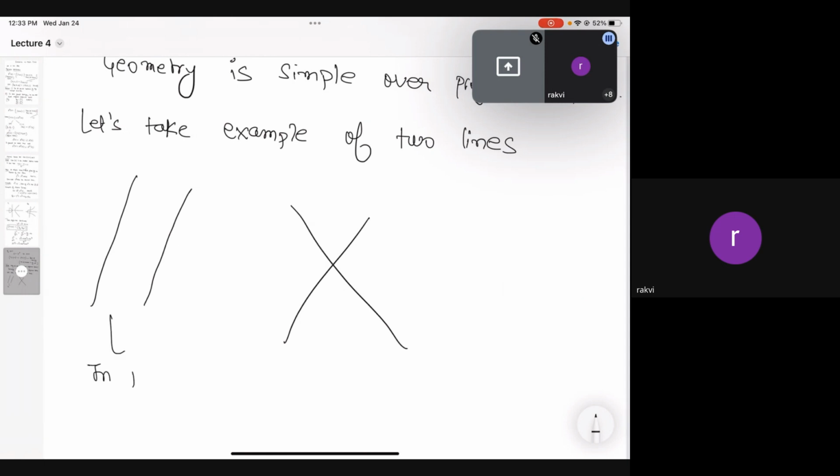So in projective space, lines meet at infinity. So the case of empty solution doesn't really exist.